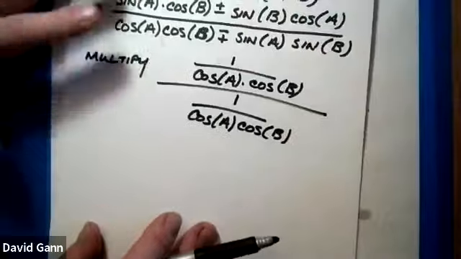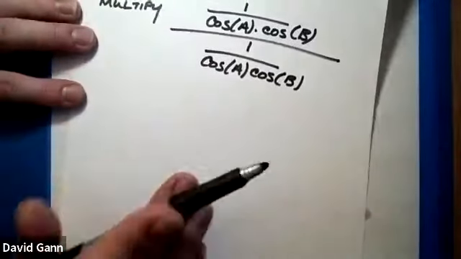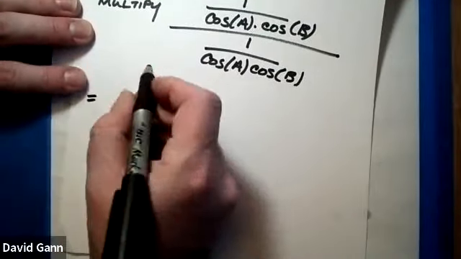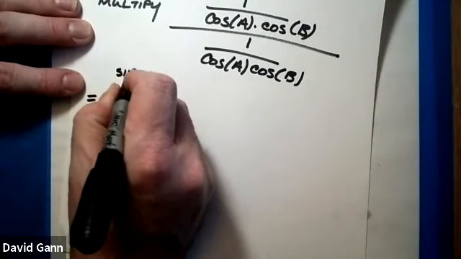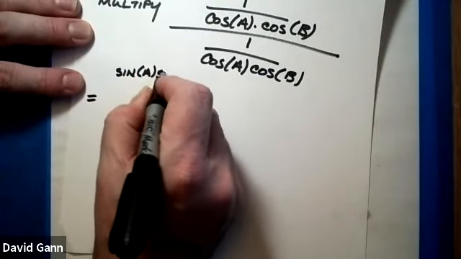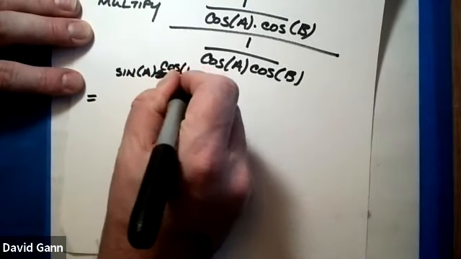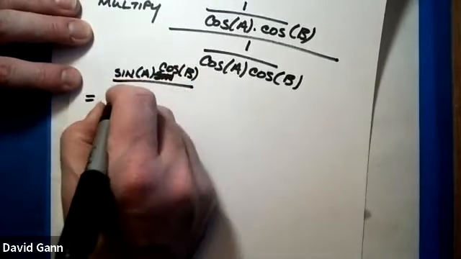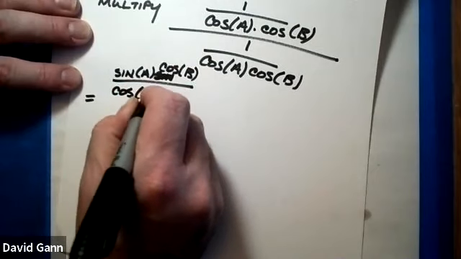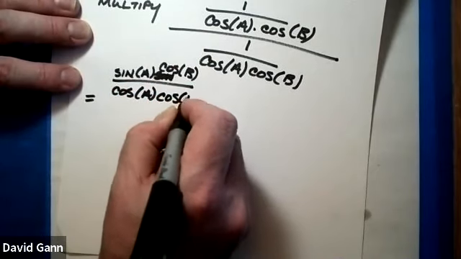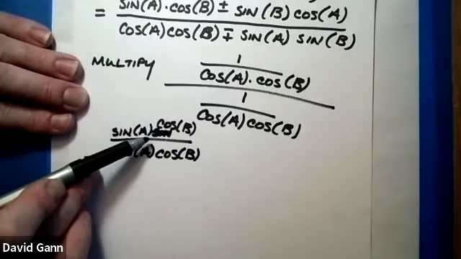And what we end up with is a pretty gnarly looking complex fraction that has sine of A, or sorry, cosine of B over cosine of A times cosine of B. That's this first term.